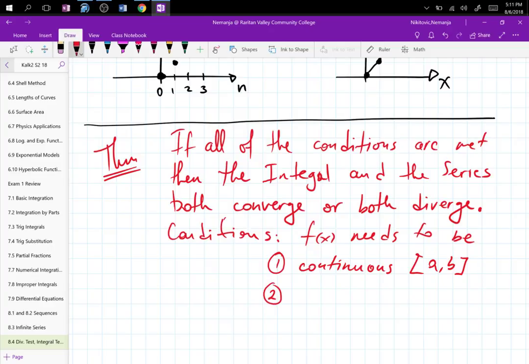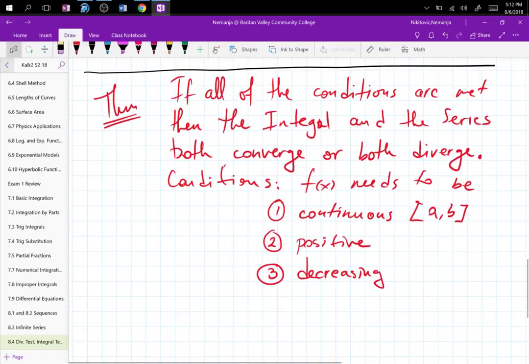Number two, it has to be positive, and number three, decreasing. So this is the integral test.